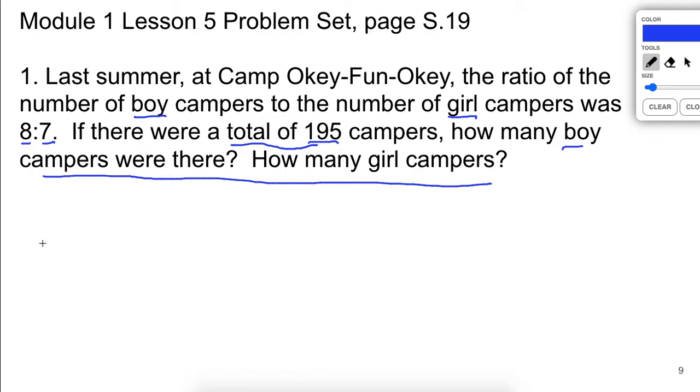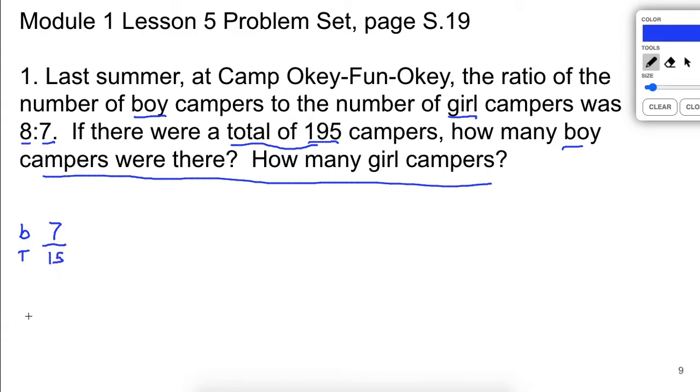So I could set up a ratio of 15. Since my total is 15, I could go 7 over 15, and that would be boys to total campers.